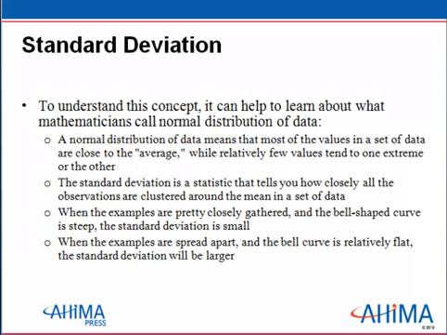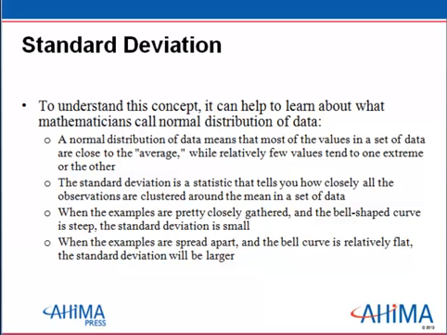To understand this concept of standard deviation, it is helpful to learn about what mathematicians call a normal distribution of data. That means that most of the values in the set of data are close to the average, and relatively few values tend to be at one extreme or the other, creating a bell-shaped curve.